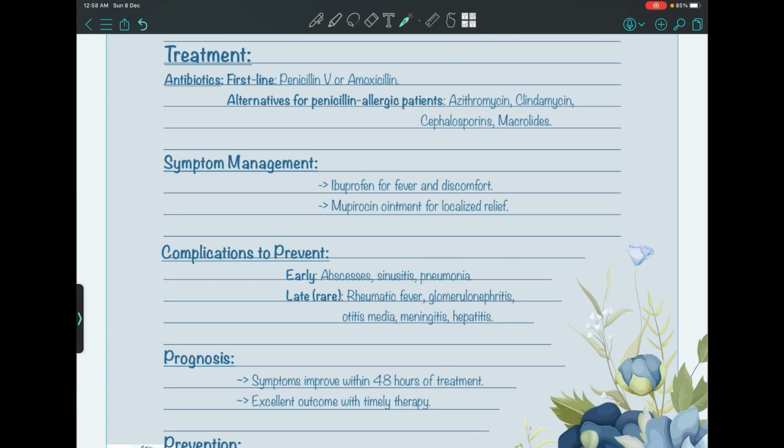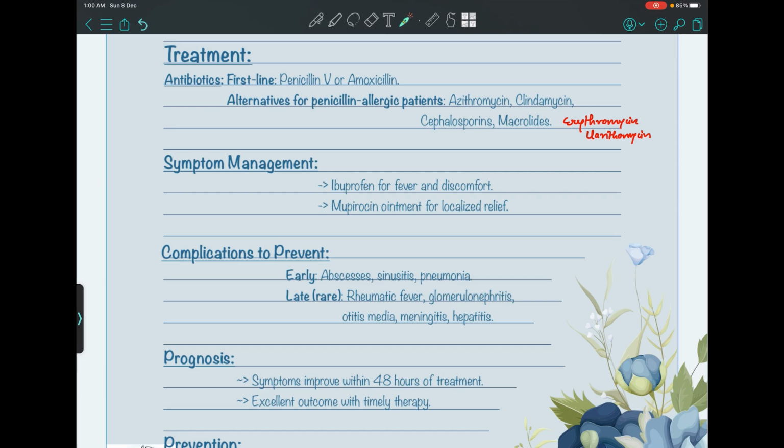Treatment. The oral antibiotics of choice for group A streptococcal infection are either penicillin V or amoxicillin. Other choices for penicillin allergic patients include azithromycin, clindamycin, cephalosporins such as cephalexin and macrolides such as erythromycin and clarithromycin.